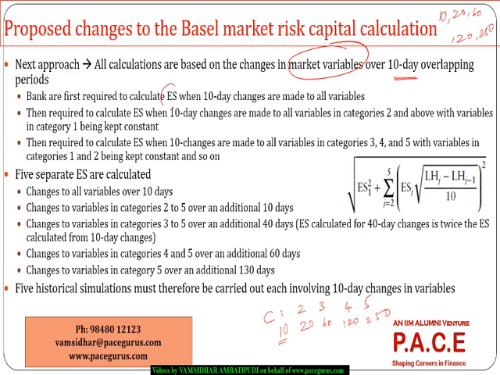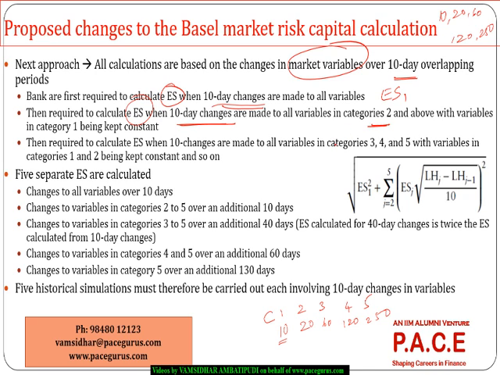First compute the ES when the 10-day changes are applied to all the variables. First change all the variables by 10 days, and based on that compute your ES. Let's call it ES1. Then calculate one more ES: apply 10-day changes to all variables in category 2.